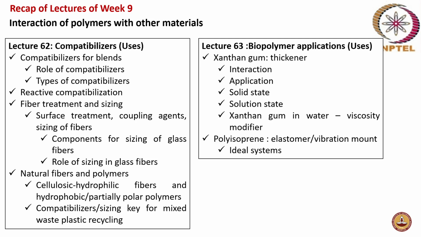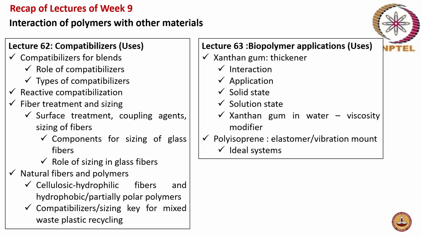Then lecture 63 was on biopolymer applications. So here there was a detailed discussion on two different polymers. One was on xanthan gum, the other was on polyisoprene, which is nothing but your natural rubber. So xanthan gum, how the interaction plays a very important role in its behavior and in its application and its usability.